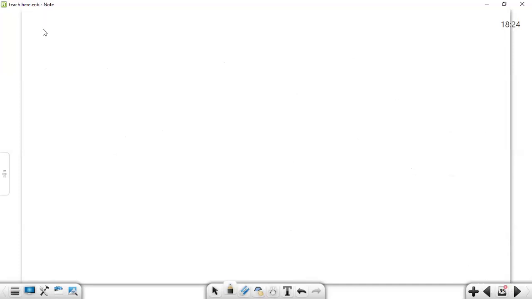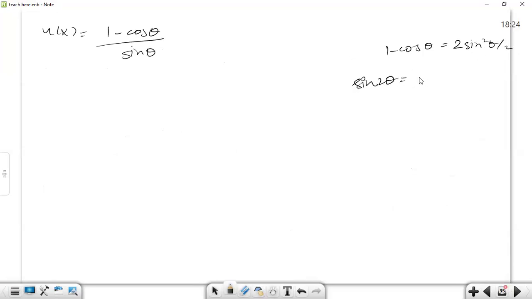So what we have done till yet, u of x is 1 minus cos theta upon sin theta. Now, as per our earlier discussion, 1 minus cos theta is 2 sin square theta by 2. And sin of 2 theta is 2 sin theta cos theta. We have to find the value in terms of theta, so we can just divide the angle by half. The formula will become 2 sin theta by 2 into cos theta by 2, right?